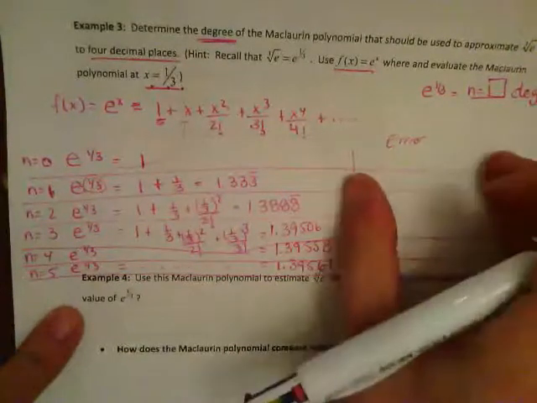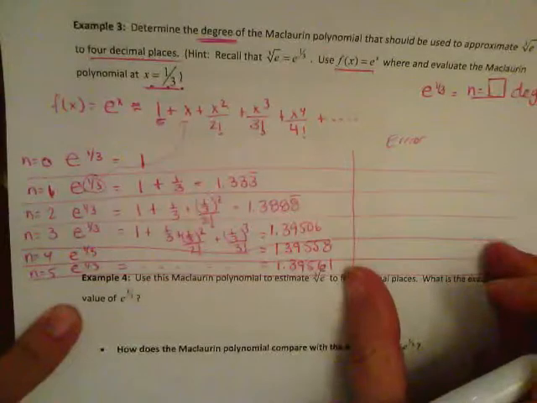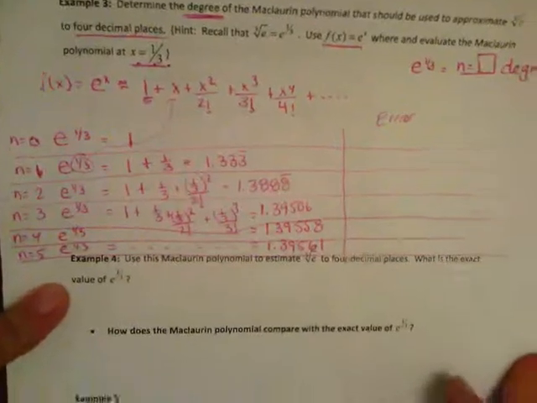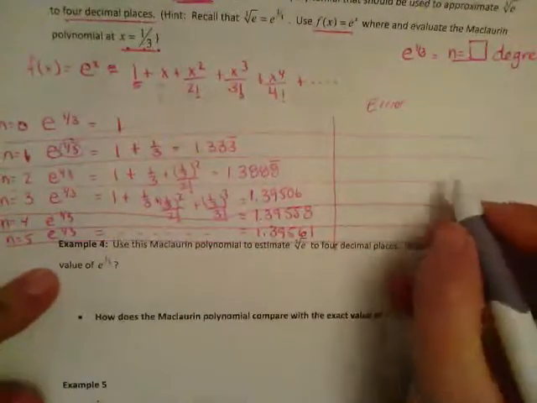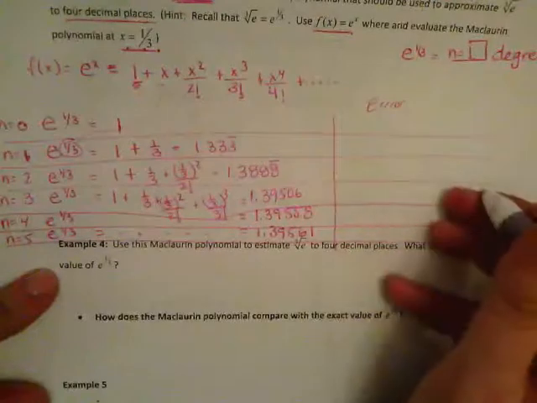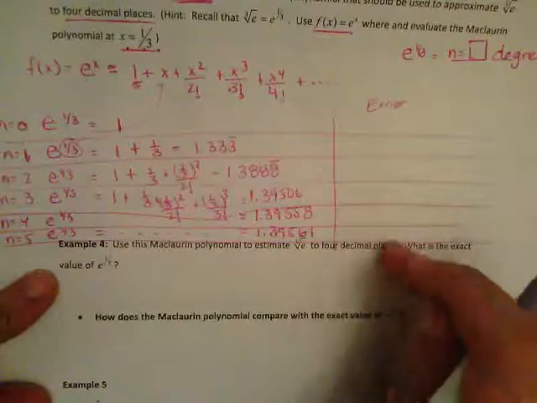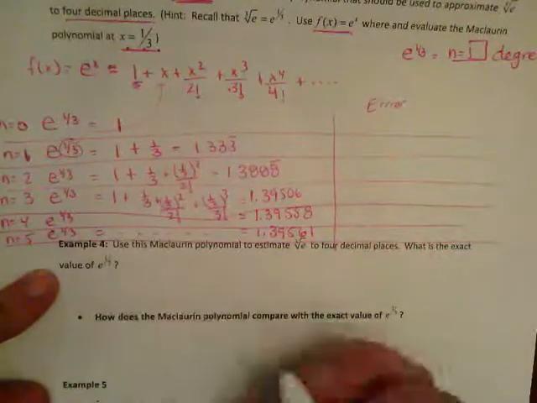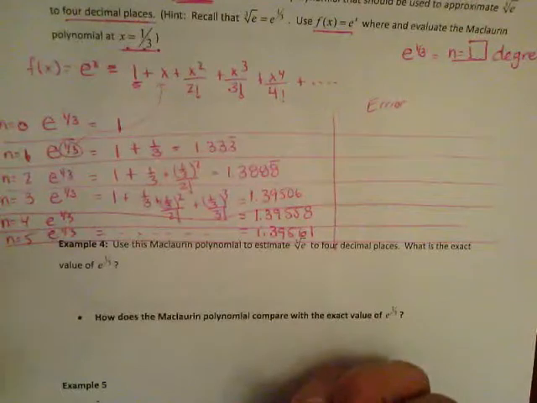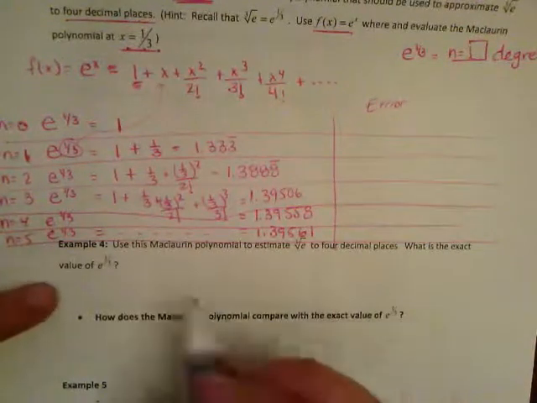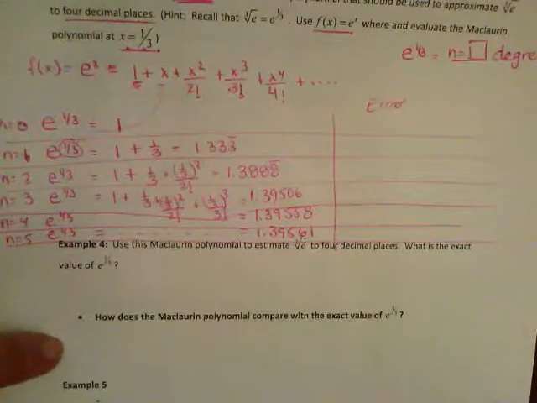Alright, I'm going to stop here on this problem because I will need my calculator to calculate the errors to figure out at which degree I need to stop. When can I stop to get a four decimal place approximation? So we won't be able to answer these two right here.